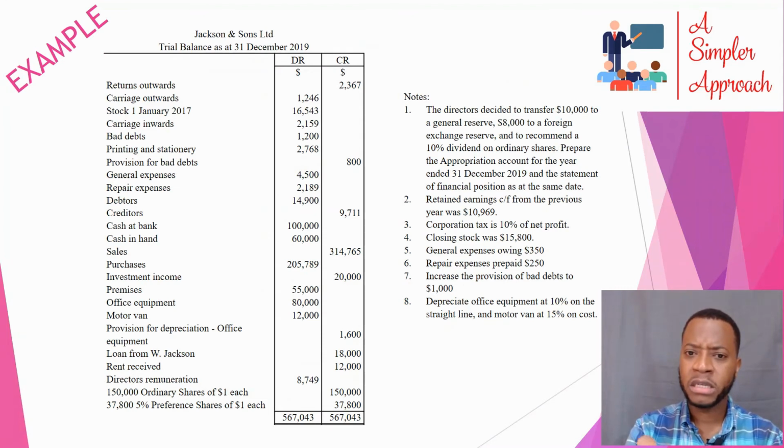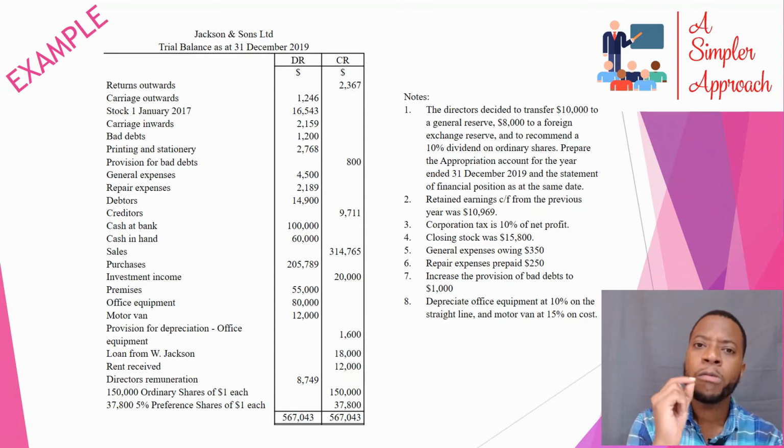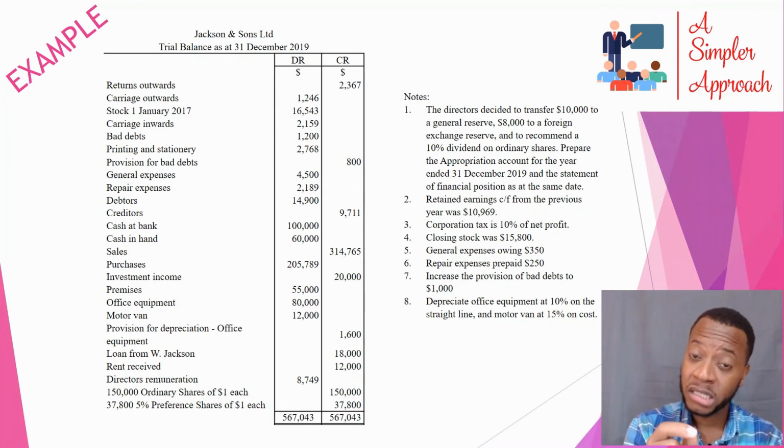Note 1, 10% dividend on ordinary shares. Now remember something, and remember it well. Preference shareholders are called preference shareholders for a reason. If ordinary shareholders are paid, it stands to reason that preference shareholders are automatically paid.